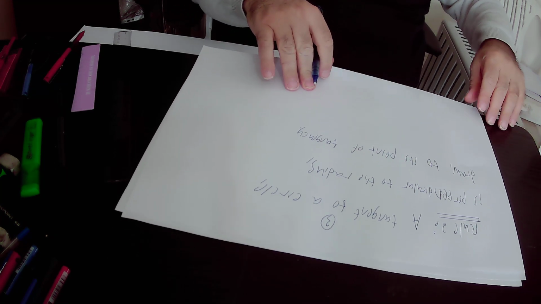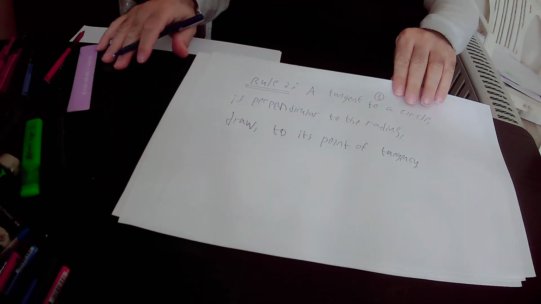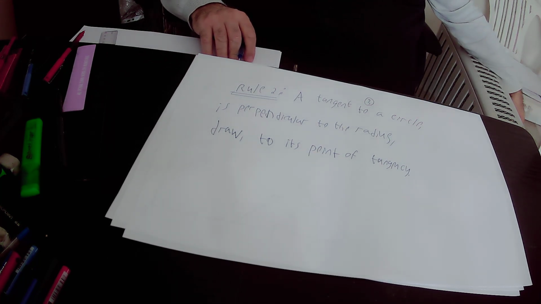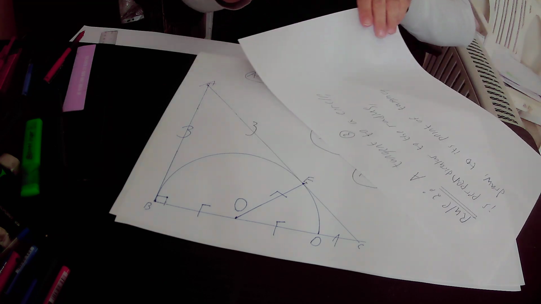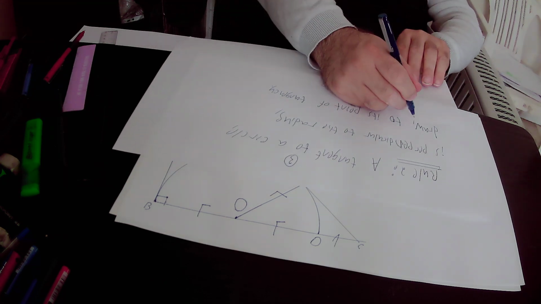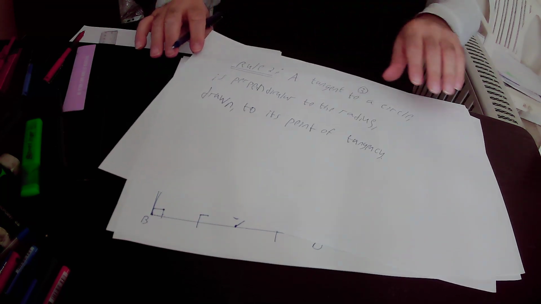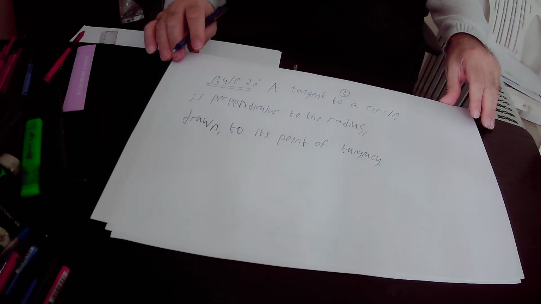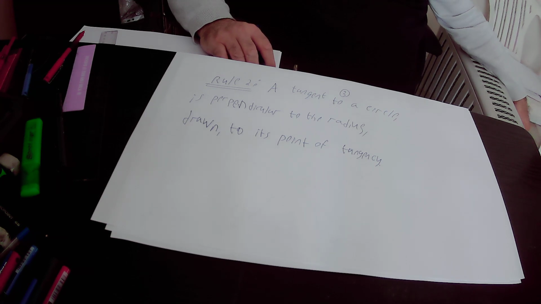So I will write rule number 2 again. Rule number 2 states that a tangent to a circle is perpendicular to the radius drawn to its point of tangency.